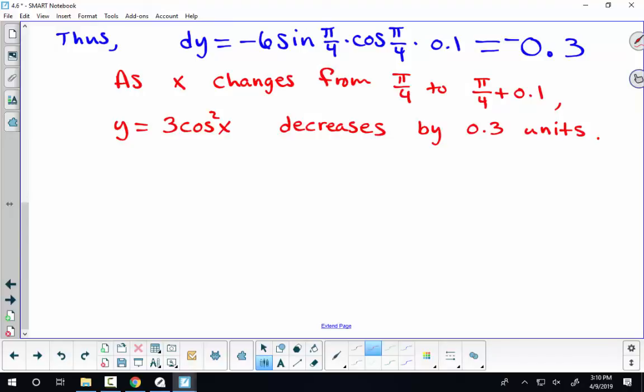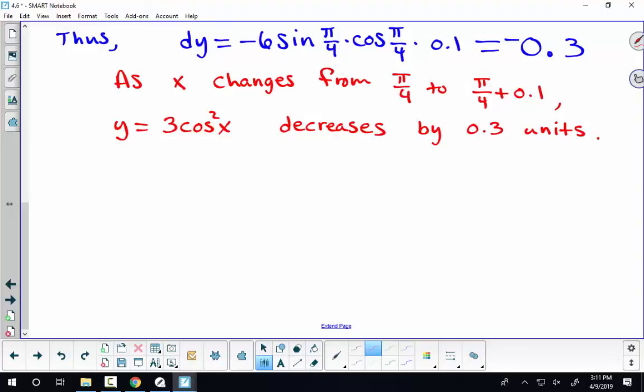Do y'all have any? Sorry. This is just an approximation, right? Yeah, for really small changes, it's very accurate. But if x changed from like pi over 4 to 30 pi over 4, it would be a pretty bad approximation. Remember, this came from the linear approximation, and the linear approximation was really good as long as we stuck close to where we found the tangent line.